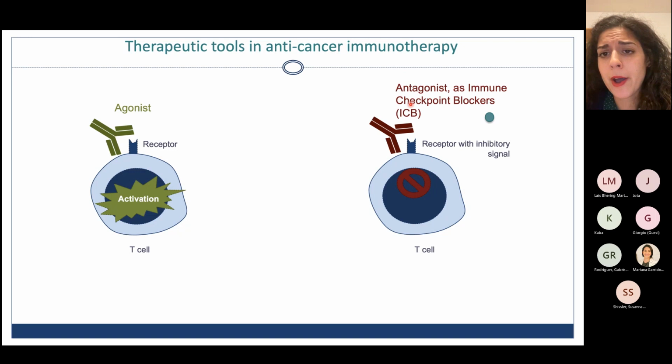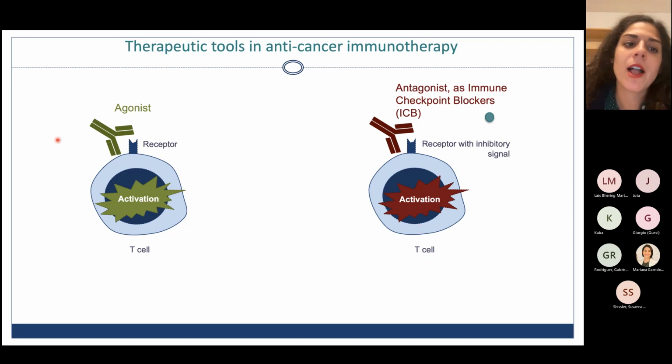And so if you have an antagonist, that is an immune checkpoint blocker, this antibody will take the place of the ligand that leads to the suppression of the T cells. And by doing this, this antibody will then lead to the activation of the T cells. So you can see that you have various monoclonal antibodies, either agonist or antagonist.